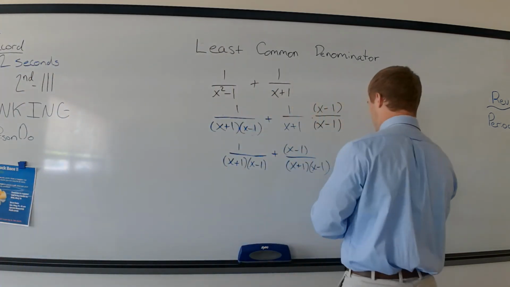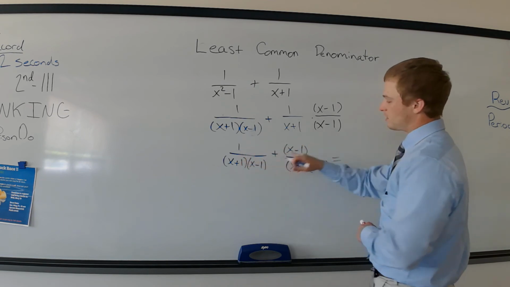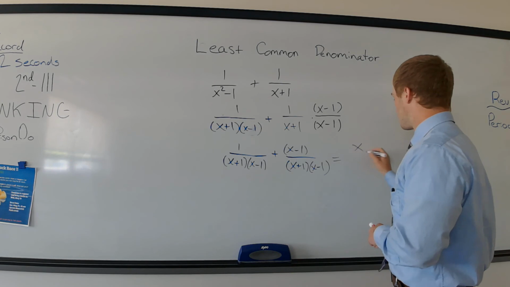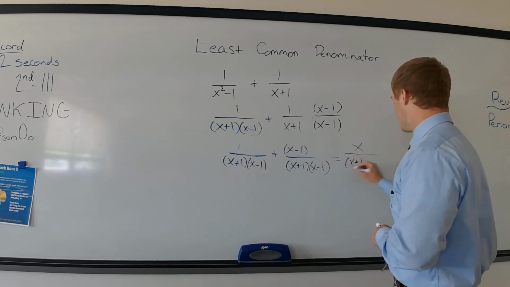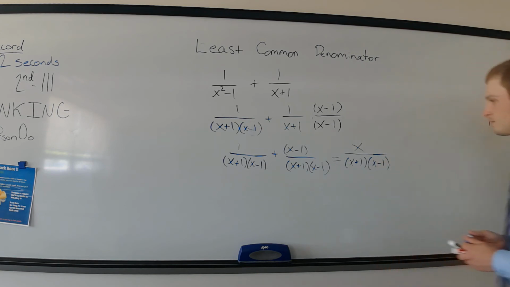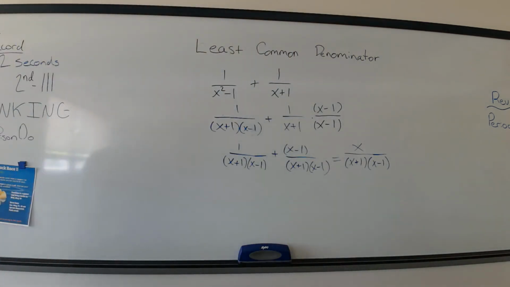So we'll be left with 1, don't forget the 1 either, 1 plus x minus 1. So we'll just be left with x over x plus 1, x minus 1. Okay, so using our second method, we can see that this is indeed easier in this circumstance.